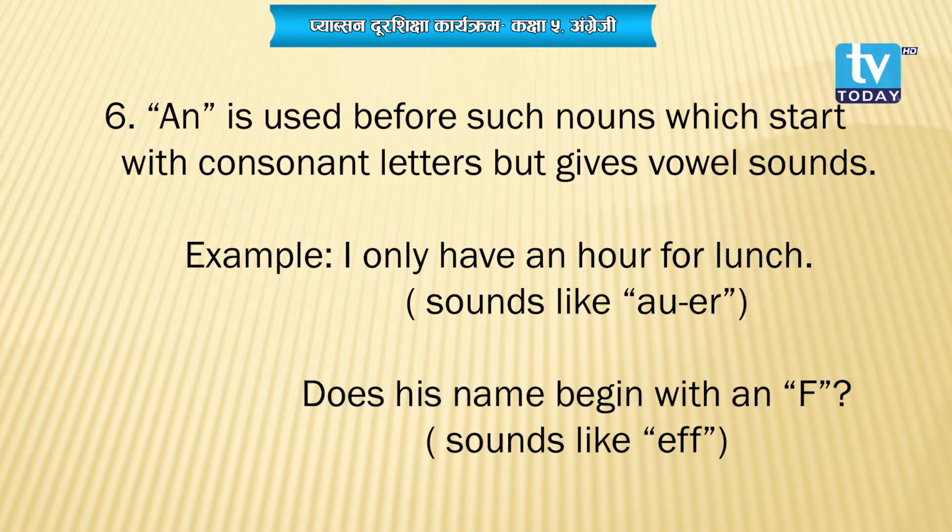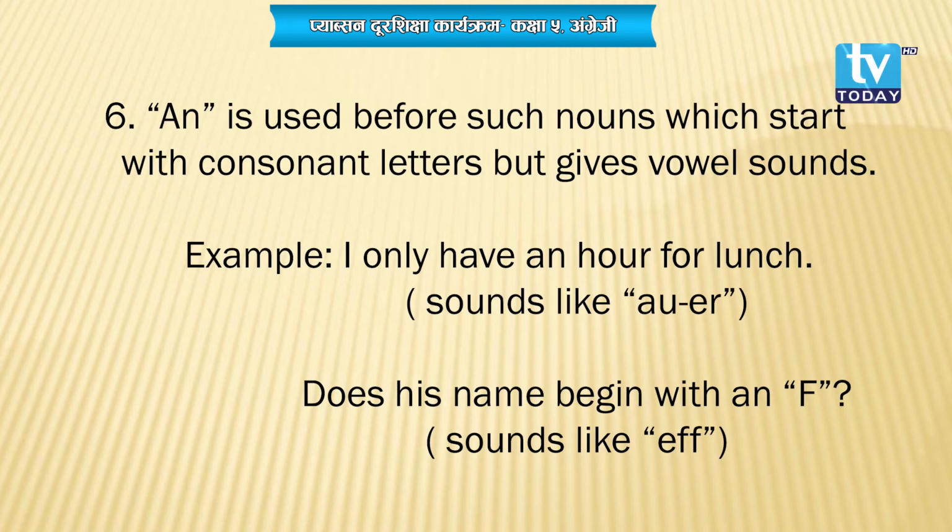In the sentence I have written, I have an hour for lunch. Here, if we talk about 'hour', the starting letter is a consonant. But when we pronounce it, how do you hear it? It has an 'our' sound, hour. So we are writing 'an'.